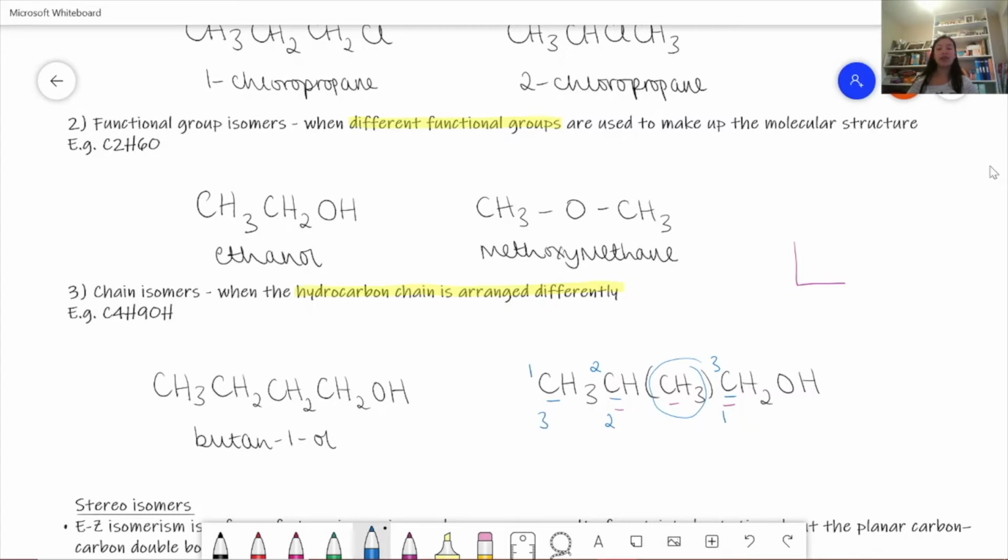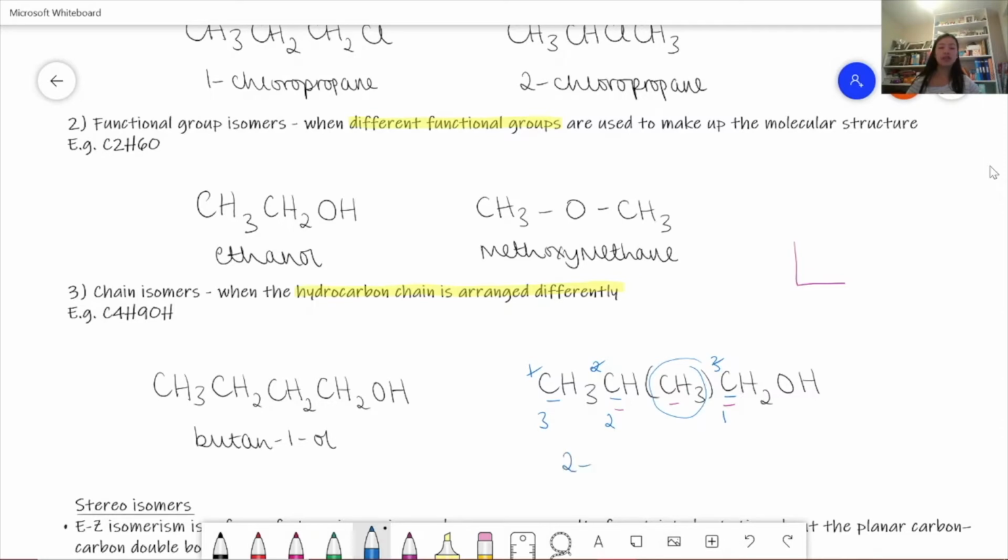And now we have to think which one we use so that both the methyl and the OH have the smallest numbers possible. And so that means we have to use the bottom one, because the top ones, the numbers are higher. And so we get rid of those. And so we end up with the methyl we have to name first.